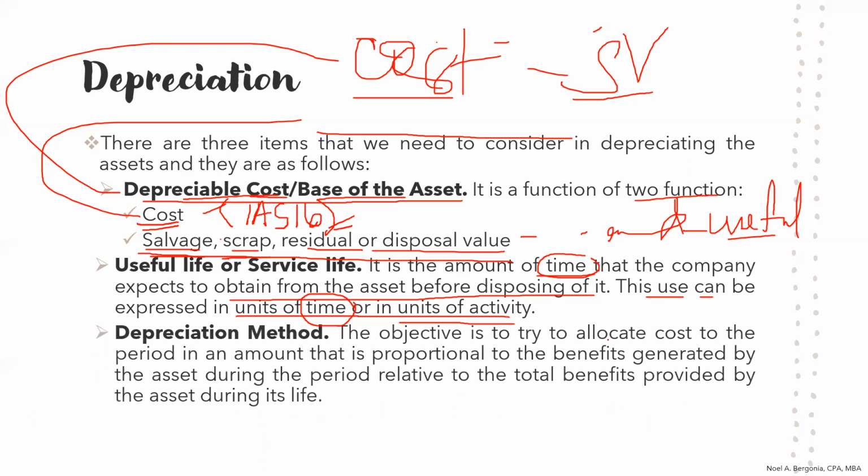So the objective is to try to allocate yung ating depreciable costs in proportion to the benefits generated by the asset during the period over its total benefits provided by the asset. So we need to identify a specific depreciation method that will be used by that particular business or company.